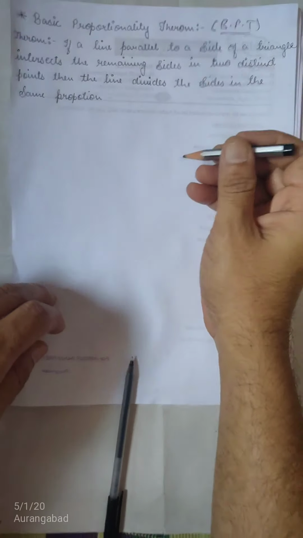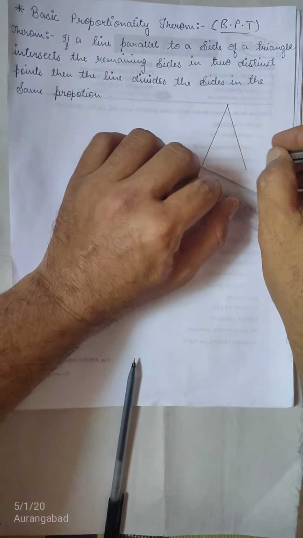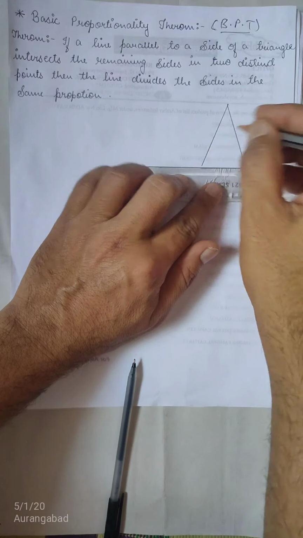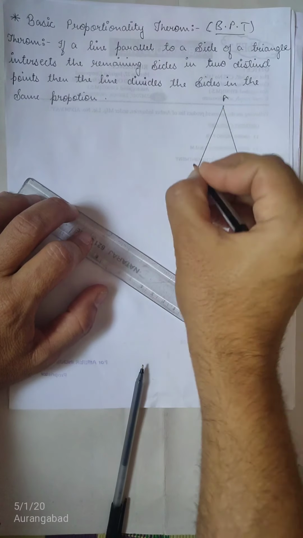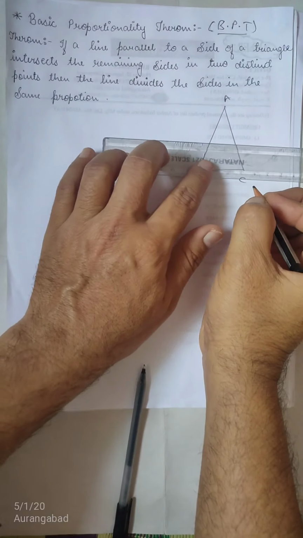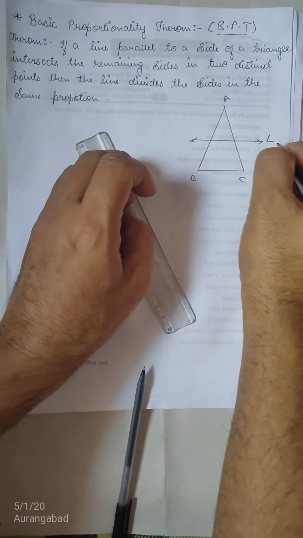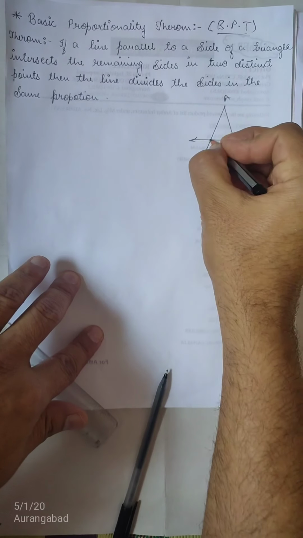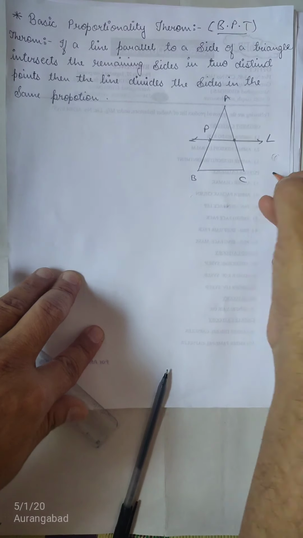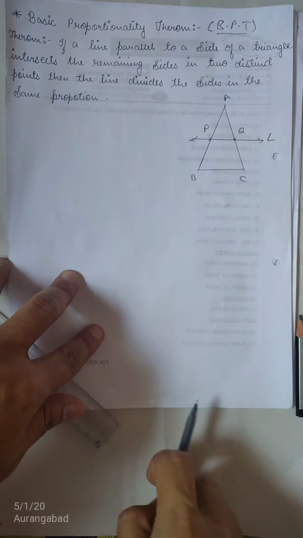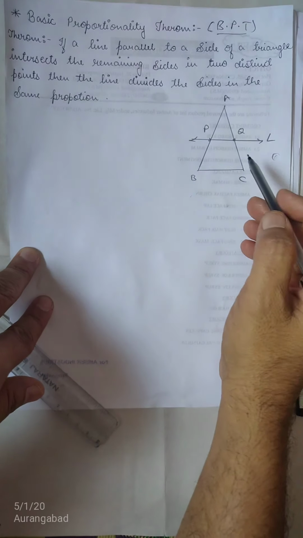That means if we are having a triangle ABC, and a line L parallel to BC, intersecting line AB at point P and line AC at point Q, then the BPT theorem states that this line divides the sides in the same proportion.